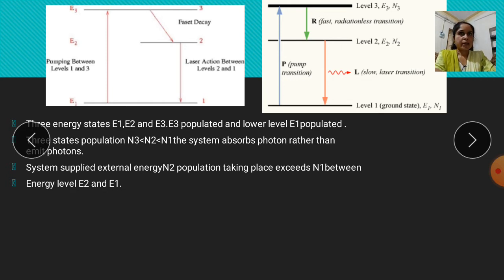In this way, the population inversion of the system goes from N2 to N1 levels, and the energy reaches from E2 to E1 levels. So in this way, we prove the population inversion phenomena of the three-level energy states.